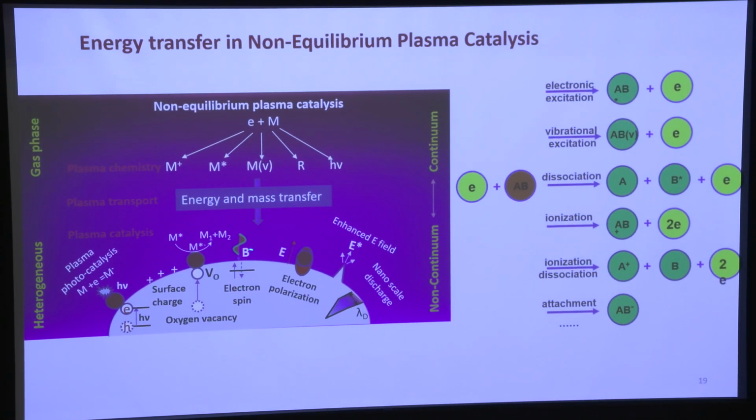And sometimes, if you use microwaves, you can generate a magnetic field. If the magnetic field is strong enough, you can change the spin of the molecules, enabling spin-forbidden reactions in combustion. For example, going from a singlet to a triplet is normally spin forbidden, and the reaction rate is very slow.